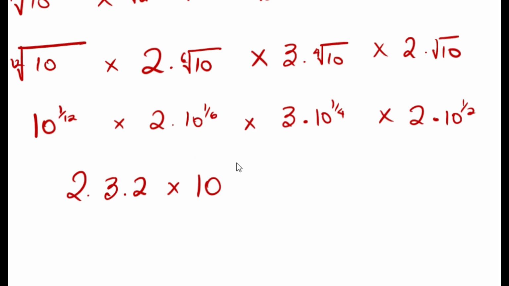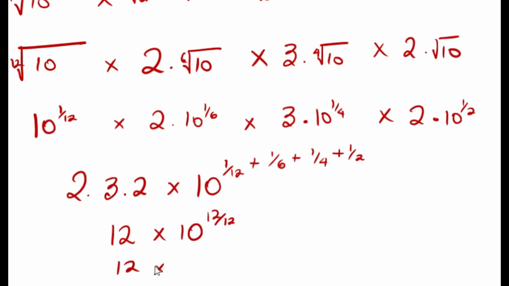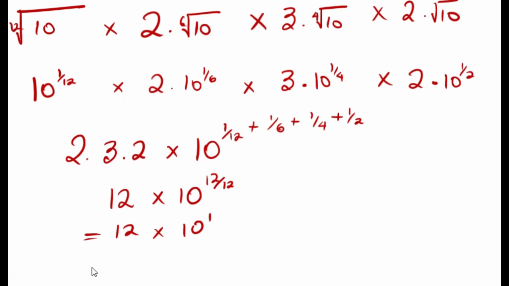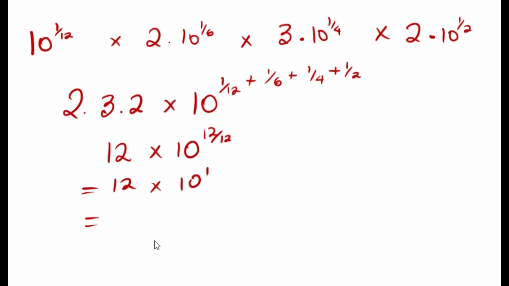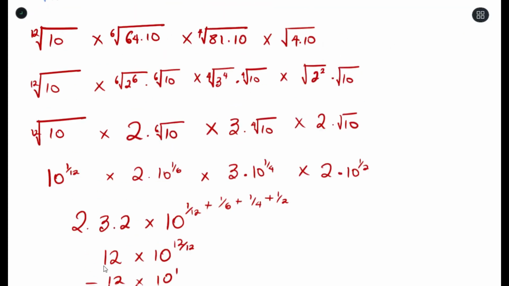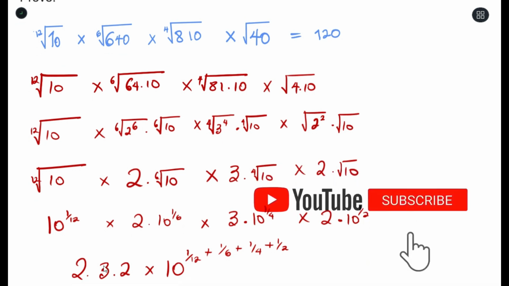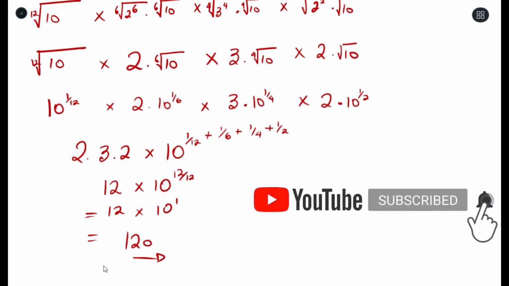So what will happen is this here should give us, and therefore the final answer will just be 120, which is exactly what they wanted over here. Yeah, so this is exactly how they wanted to go about answering this question. And that's it.